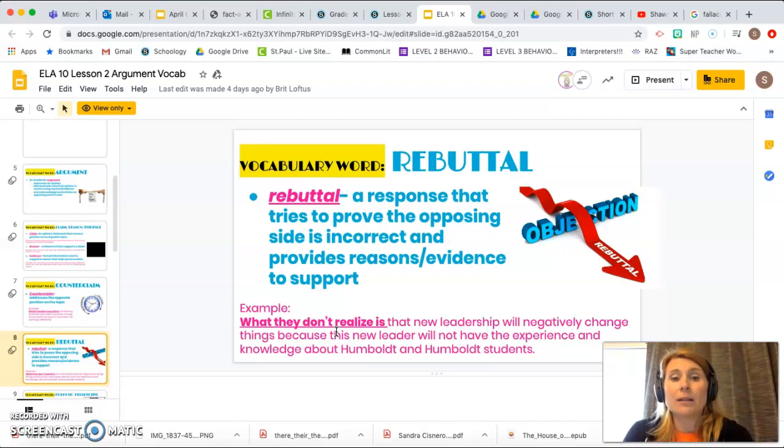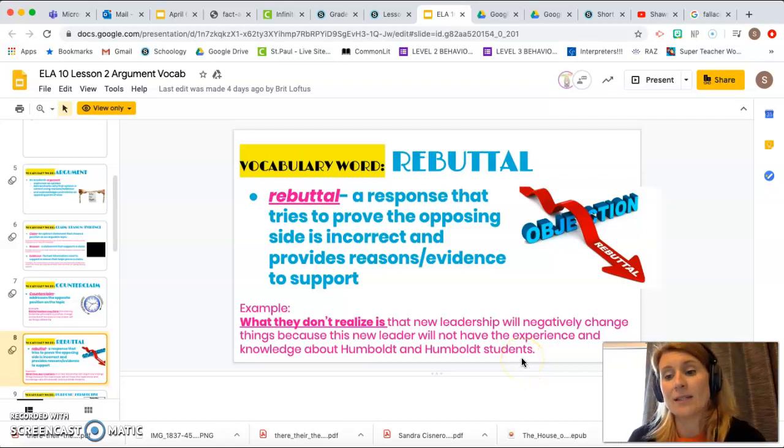Now, a rebuttal is a response that tries to prove that the other side is wrong, and it usually gives some reasons to support it. So your rebuttal is basically us telling the district why they are wrong. Here's the example Ms. Loftus wrote. What they don't realize is that new leadership will negatively change things because this new leader will not have the experience and the knowledge about Humboldt and the Humboldt students like Mr. Sadamka does.